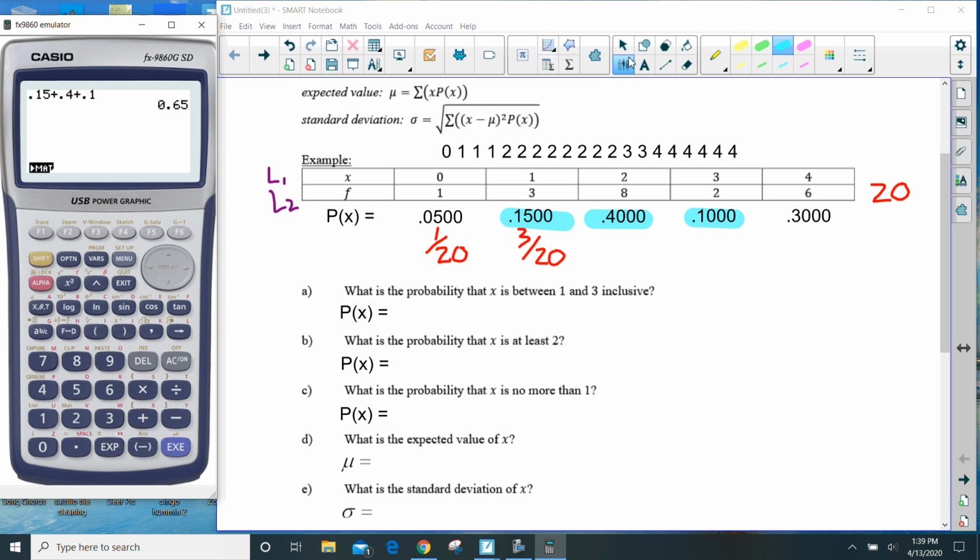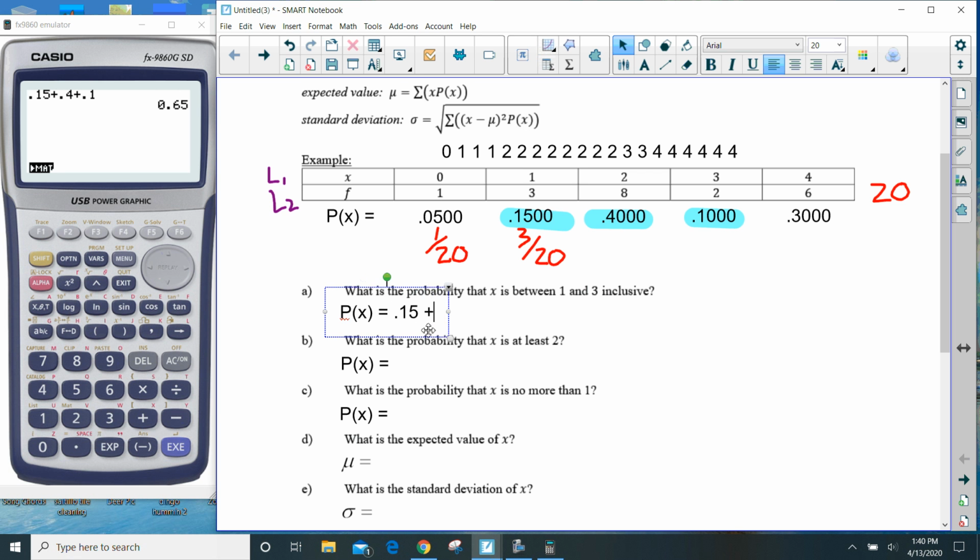So this probability, long story short, is going to be equal to 0.65.